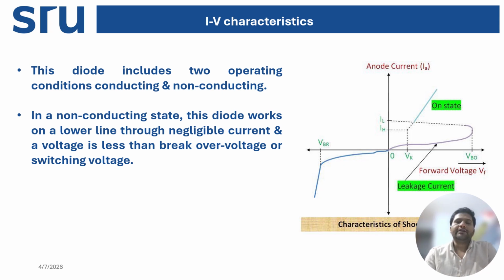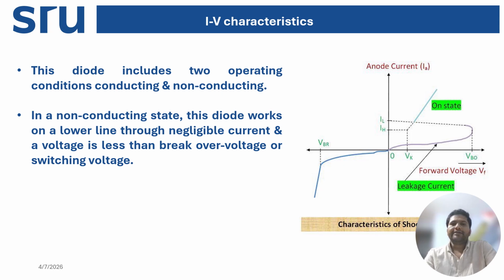Now the forward blocking region: when a small forward voltage is applied, the current is very small, called the leakage current. It is reflected in the figure.